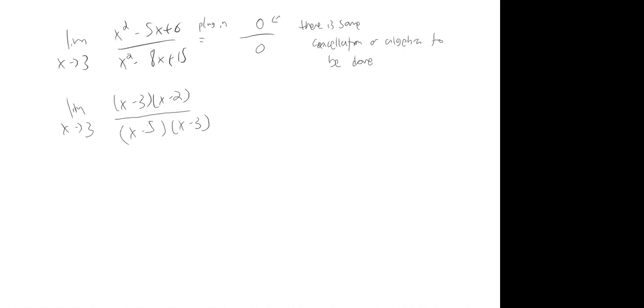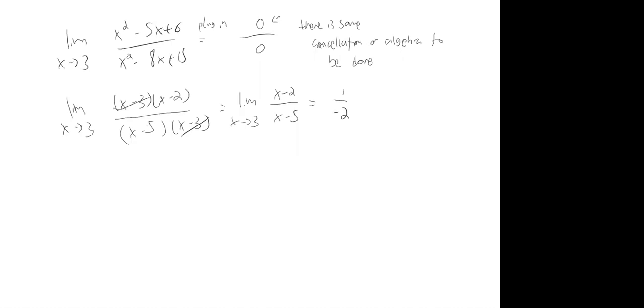You see these cancel, everyone see that? So this limit as x goes to 3 is of x minus 2 over x minus 5. Now if you plug in, this is the number: 1 over negative 2, so negative 1/2.